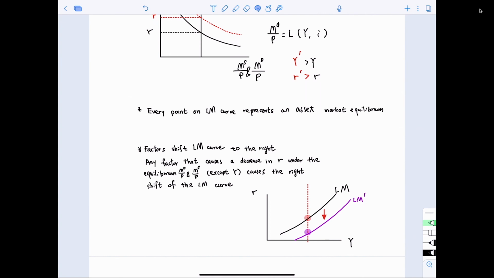Therefore, whatever factor causes a decrease in R under the money market equilibrium will cause the right shift of the LM curve.